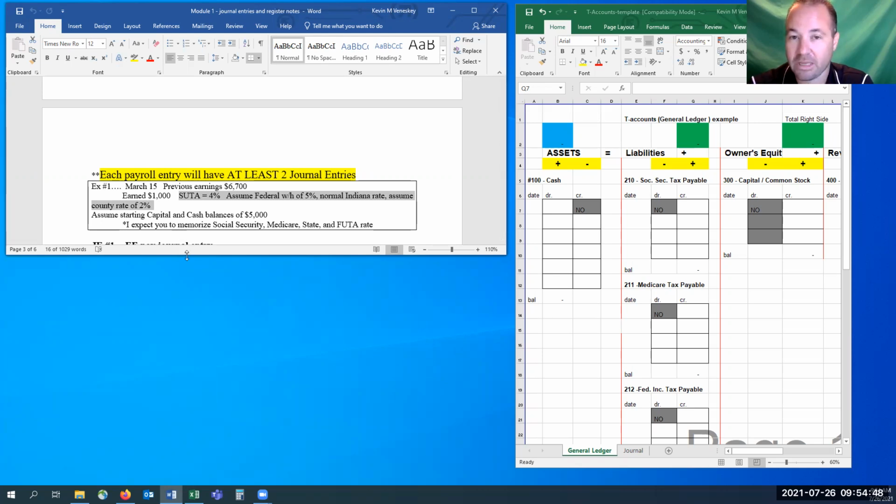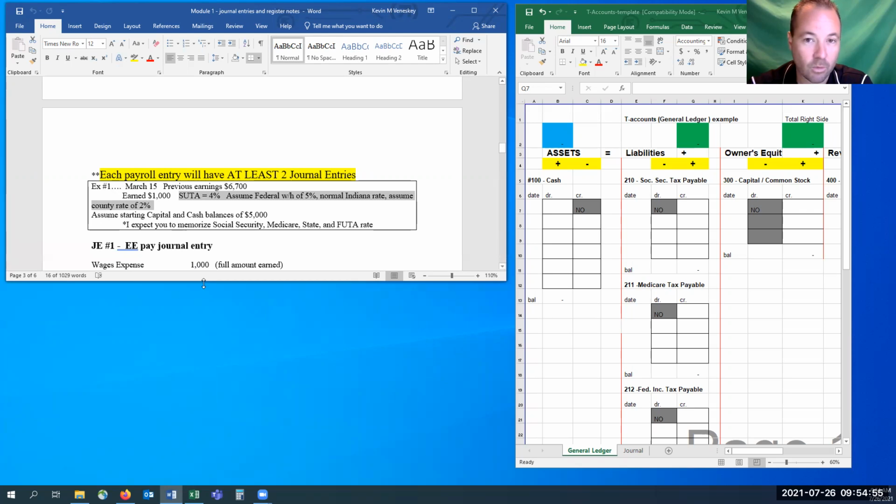Let's see the employee's journal entry. When you always start out a journal entry, hopefully you remember this from your Accounting 101, start with your debit, and we're usually just going to have one debit for each of our payroll journal entries. Wage expense. That's how much the employee has earned for this pay. Doesn't mean that is definitely what they're paid. That's what they've earned.